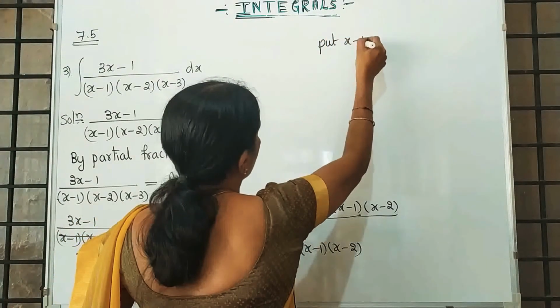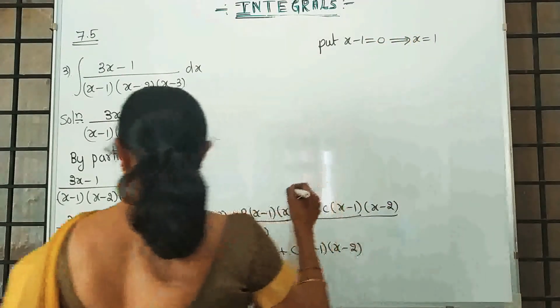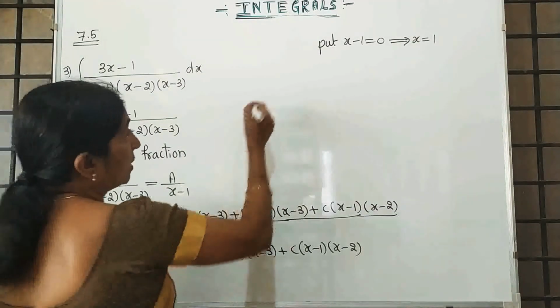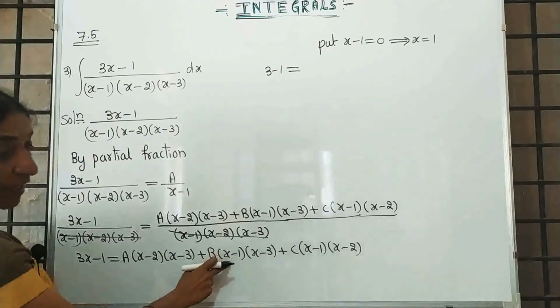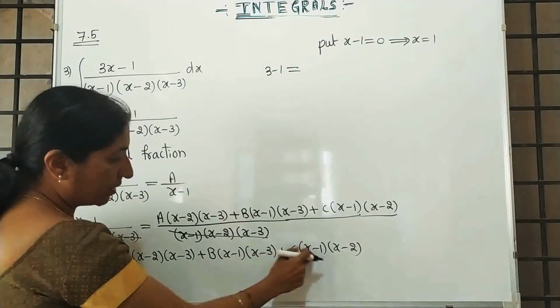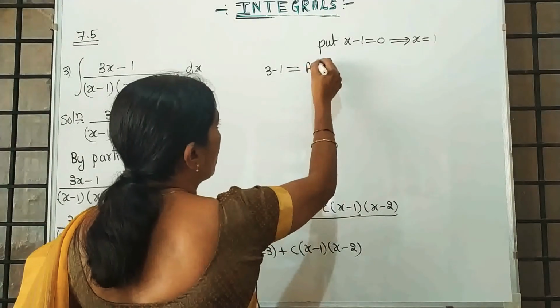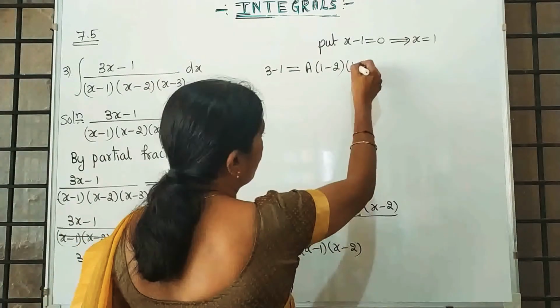Put x minus 1 equal to 0, that is x is equal to 1 on both sides. 3 into 1 is 3, 3 minus 1 is equal to, wherever you find the x minus 1 bracket, that will be 0. That means B and C are 0, with A times (1 minus 2)(1 minus 3).